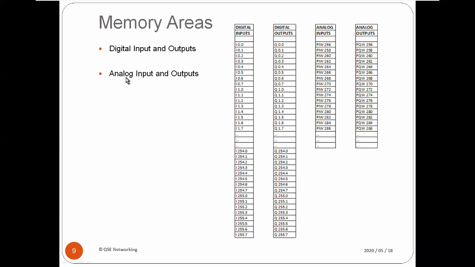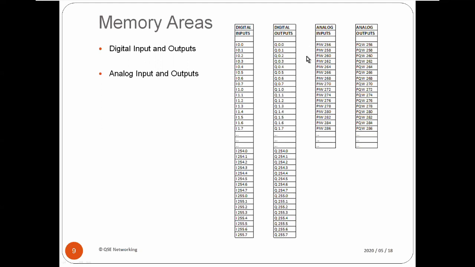Then for the analog inputs and outputs, they are called peripheral input words and peripheral output words. PQW and PIW. And in the olden days, they were always at 256. So you see the digitals were 0 to 255, and the analog started at 256.